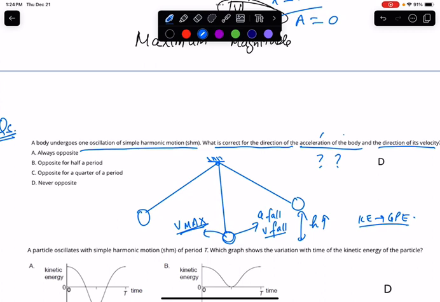As the velocity falls over here, we also see that the acceleration is falling. As the magnitude of velocity is falling, the acceleration is falling, because at the maximum amplitude the acceleration is going to be minimum.